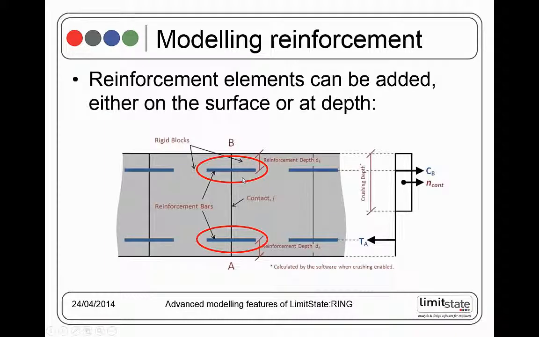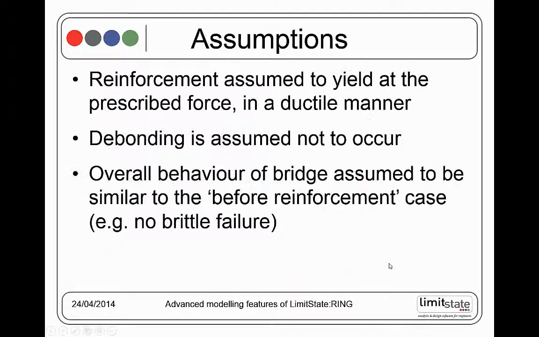And here we can see some reinforcement elements. There are some assumptions, though, you've got to be aware of. What we're assuming is that the reinforcement behaves in a rigid plastic manner, and it yields at the prescribed force, and it yields in a ductile manner.